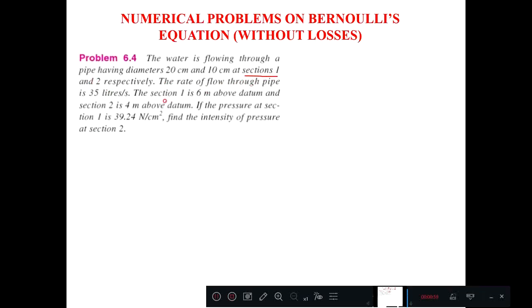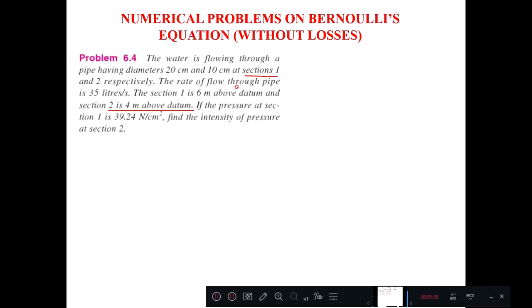The rate of flow through the pipe is 35 liters per second. Section 1 is 6 meter above the datum and section 2 is 4 meter above the datum. If the pressure at section 1 is 39.24 Newton per centimeter square, find the intensity of pressure at section 2. So this is the statement of the problem.